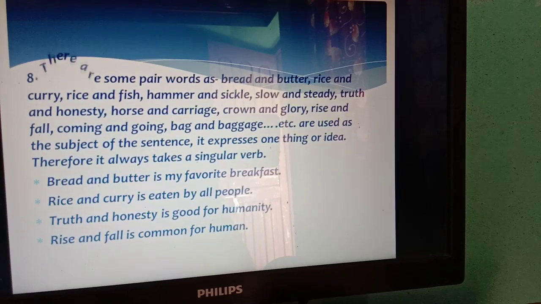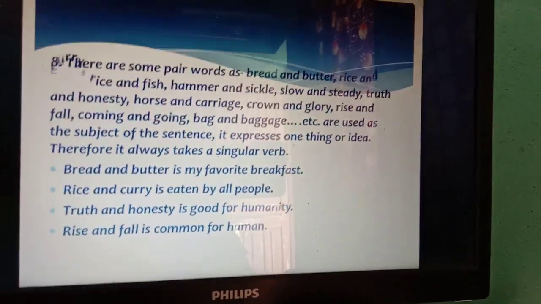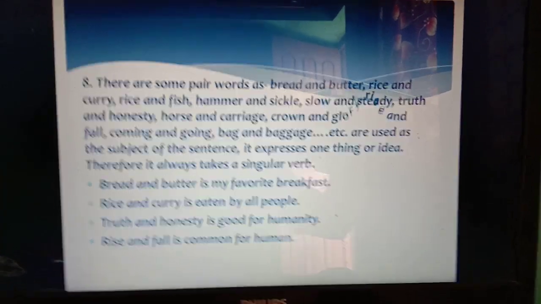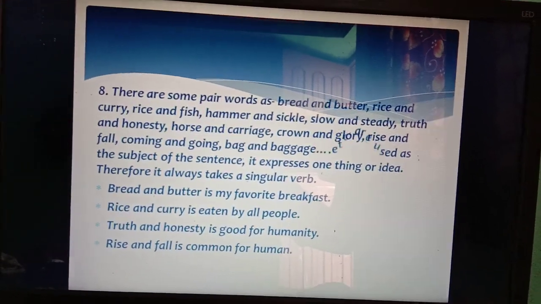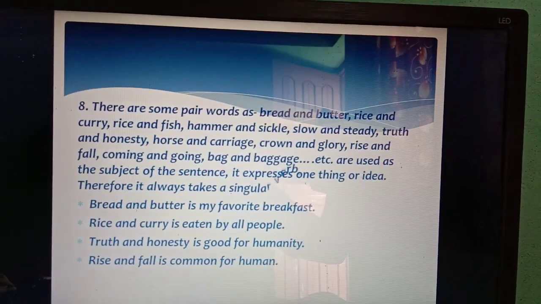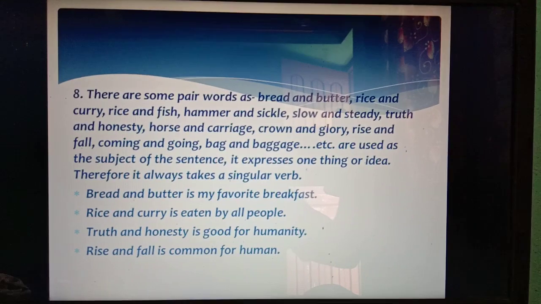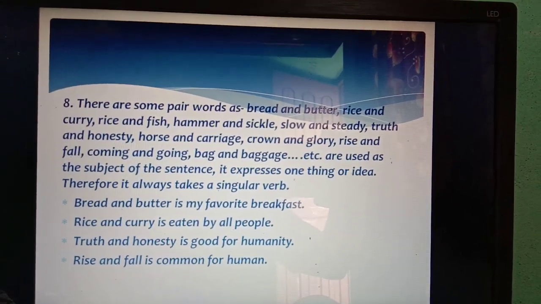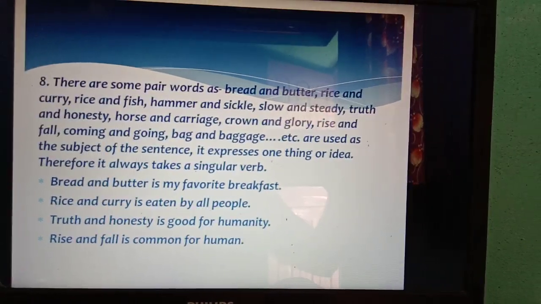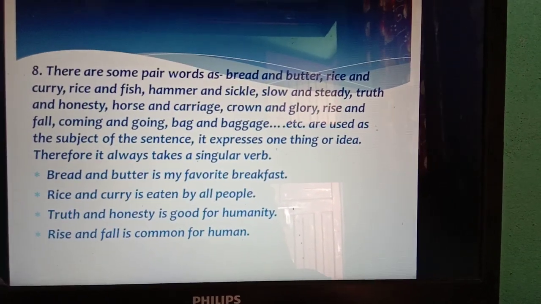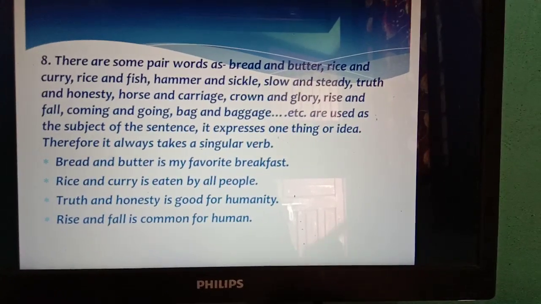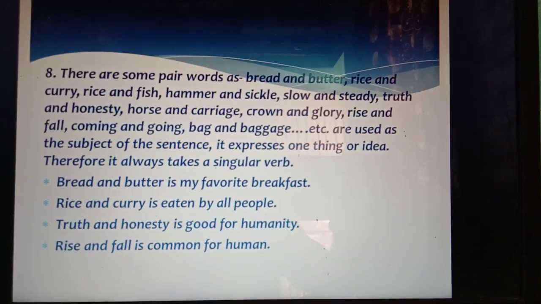There are some pair words which make an idea of a single thing. For example, you read bread and butter, rice and curry, rice and fish, hammer and sickle, slow and steady, truth and honesty, horse and carriage, crown and glory, rise and fall, coming and going, bag and baggage, etc. These are used as the subject of the sentence.